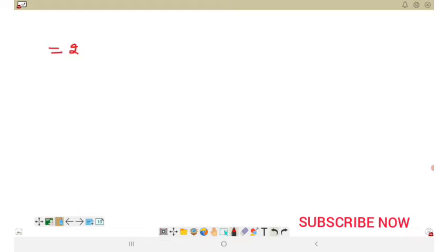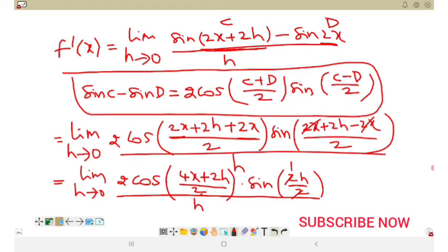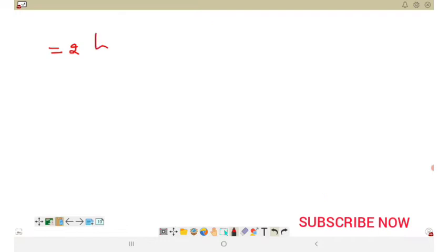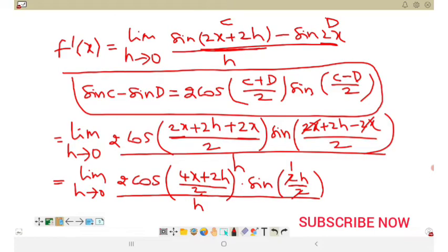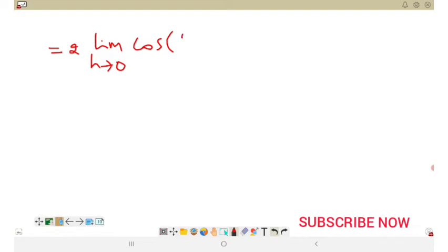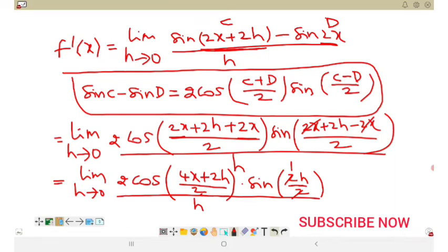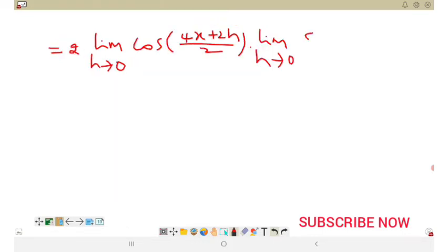So 2 into limit h tends to 0 cos of (4x plus 2h) by 2, into limit h tends to 0 sin h by h.